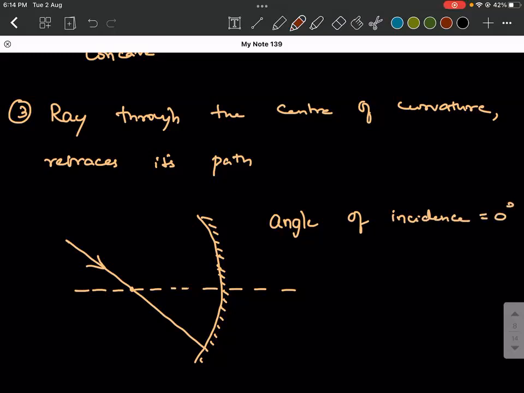So according to the laws of reflection, what should be the angle of reflection? That will also be 0 degrees. That is why this kind of phenomenon is observed.